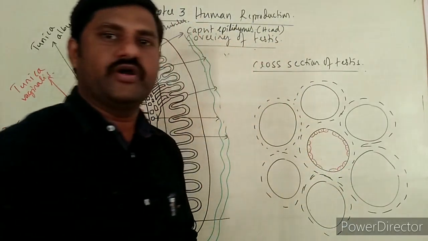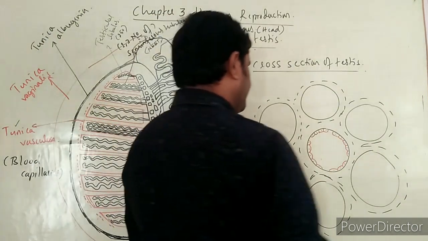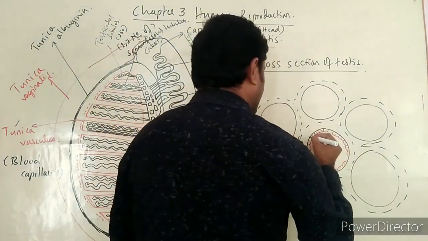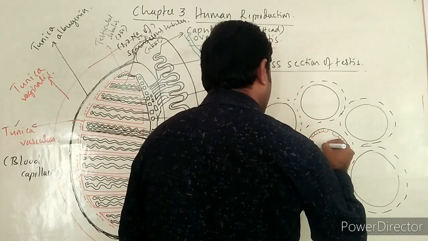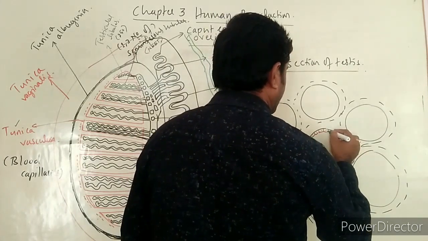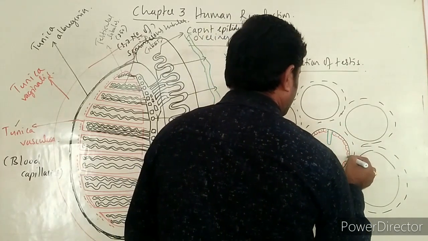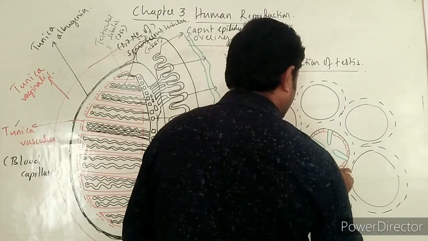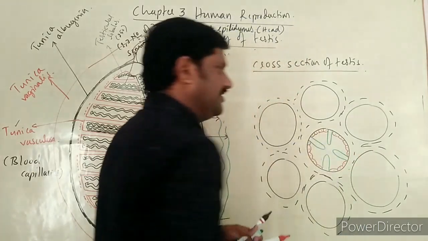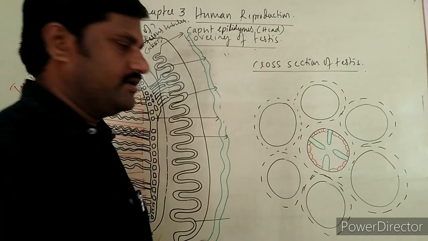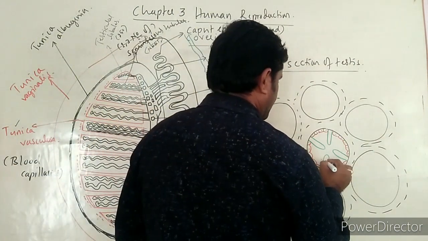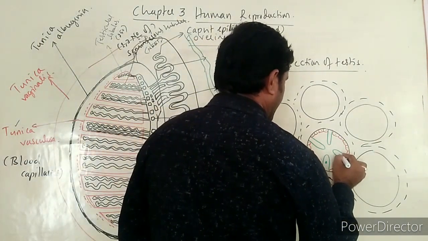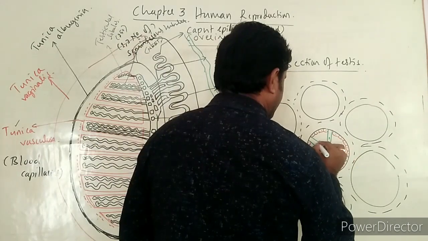And apart from this, there you come across specialized triangular or pyramid shaped cells, and they are known as Sertoli cells. What are these named as? Sertoli cells.